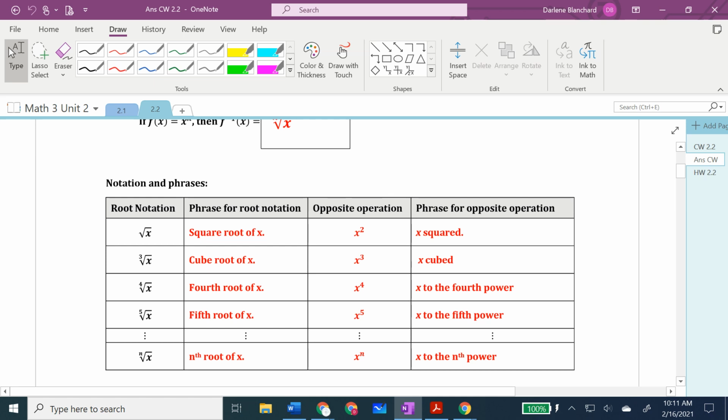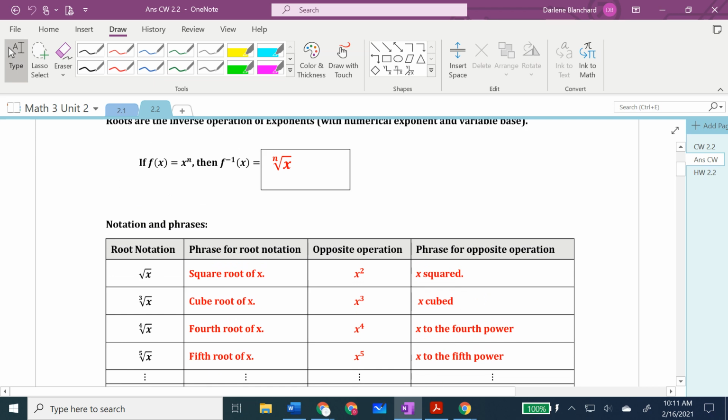I do want to say something really quick. I'm not going to push this on you, but understand that there are issues when n is even. When n is even, technically you have to deal with a restricted domain, like we talked about in the last unit, but I'm not going to take you there. I just want you to be aware of it.